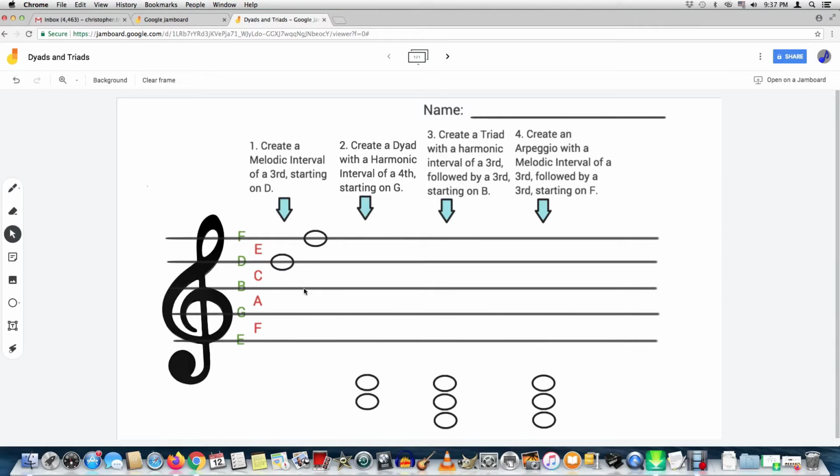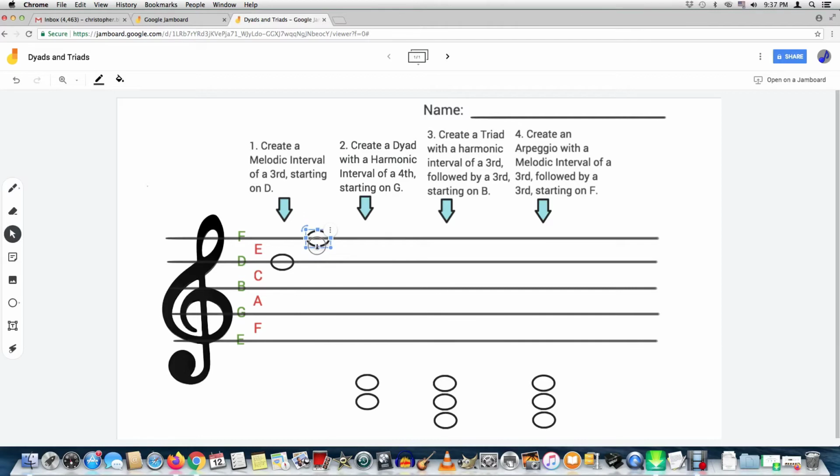Okay? Music is the same way. We read the first note, and then we move our eyes to the next note, and we perform the second note. Okay? So these notes are to be played one at a time because they are not on top of each other like this. They are one after the other, like that. So therefore, that is a melodic interval of a third.